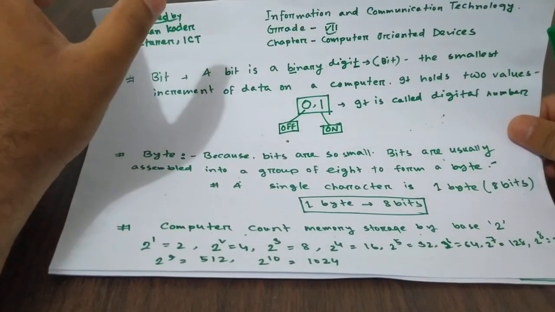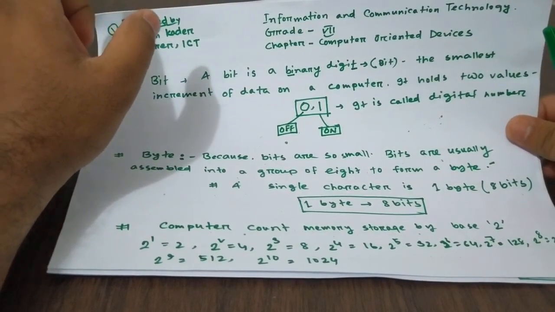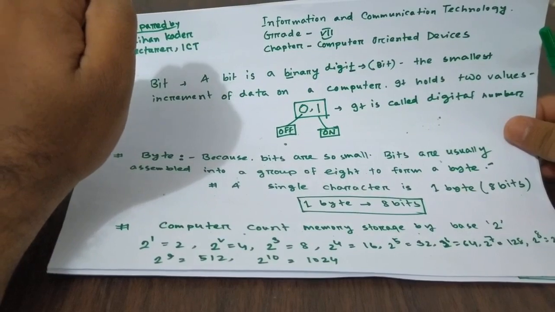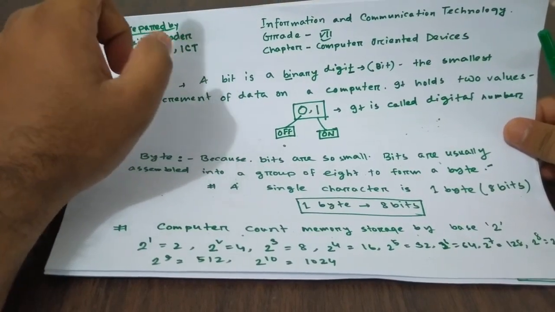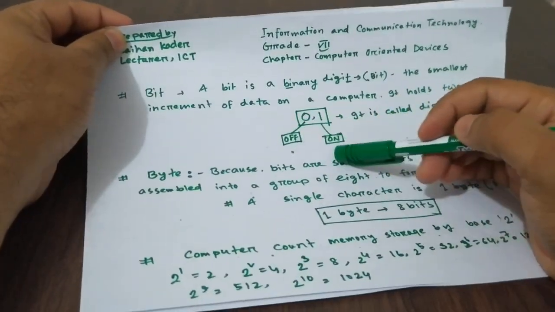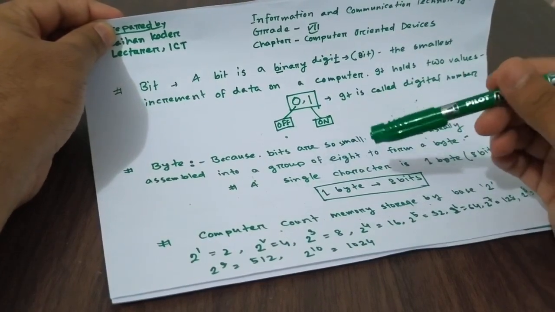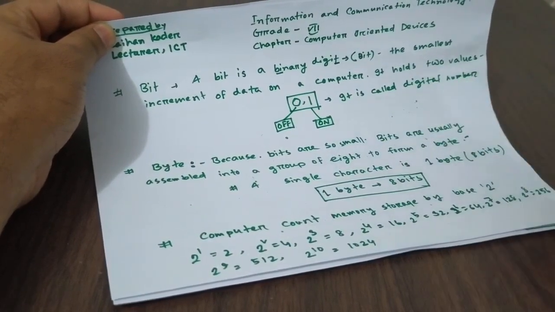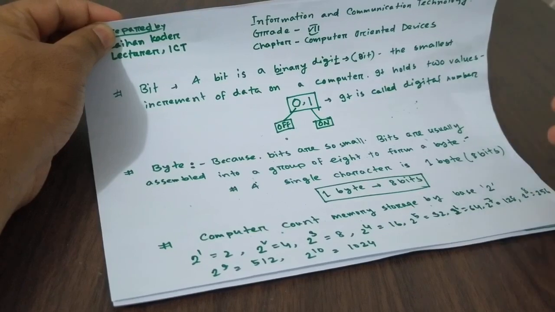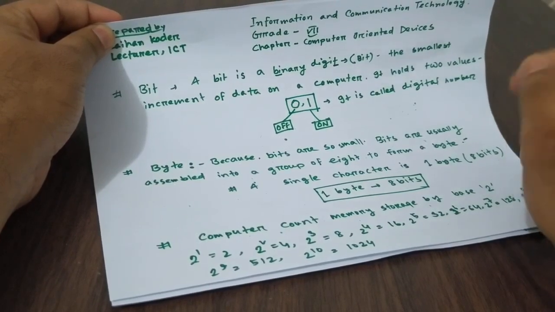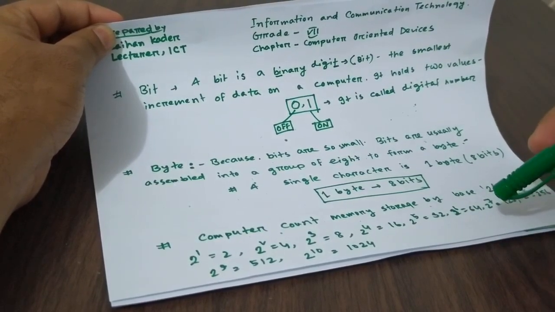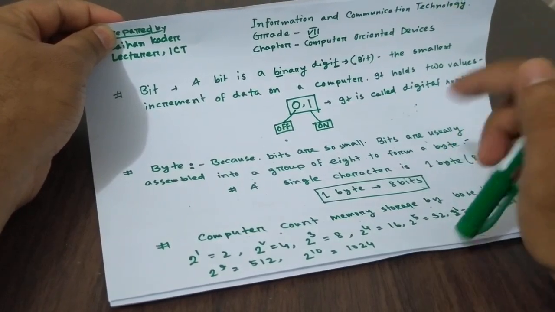The bit is the smallest part of the computer memory. The bit is actually based on 0 and 1, which means off and on. Everybody has a switch in our family for the electricity. When I press on, it means on. When I say off, it means off.